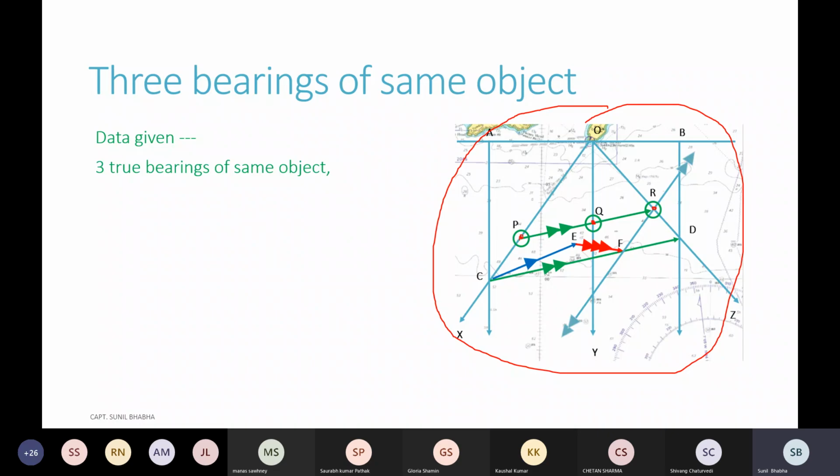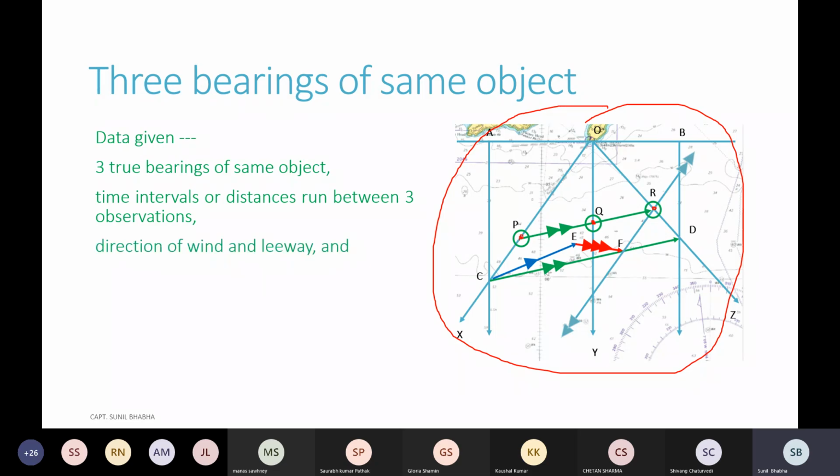They will provide us with three true bearings of an object. They will also give us the time intervals or distances run between the three observations. They will give us the direction of wind and leeway if there is any.